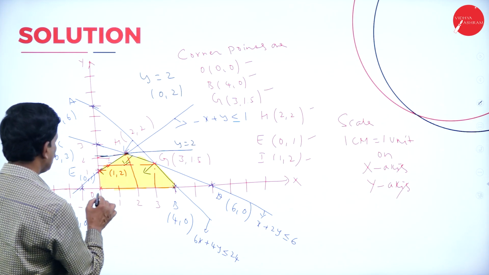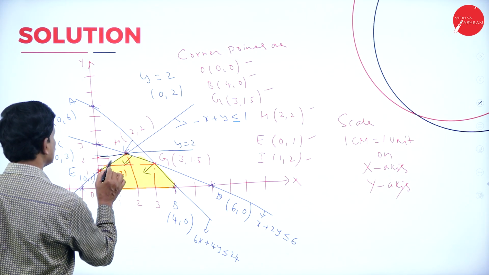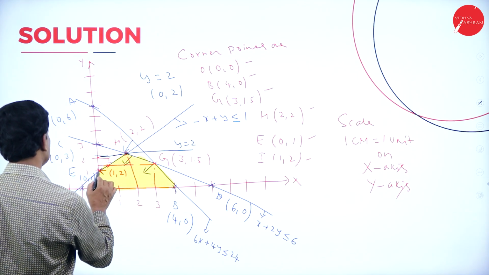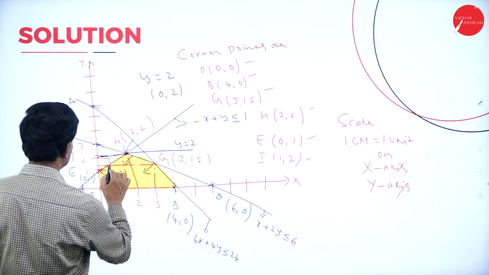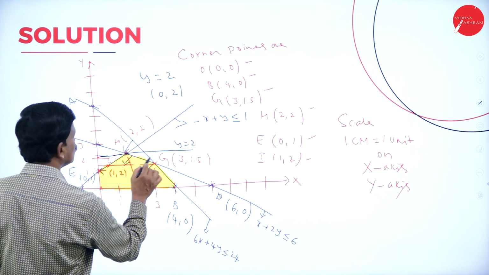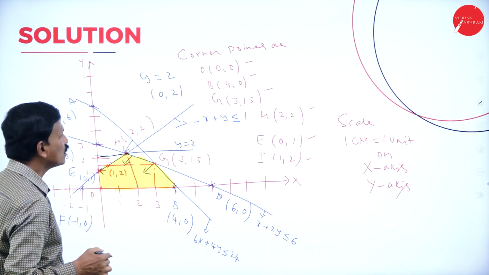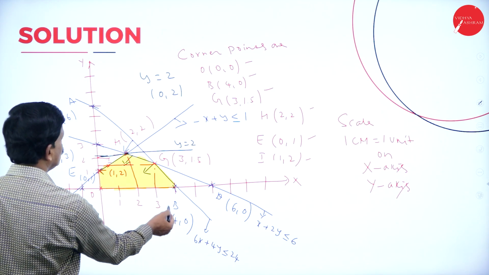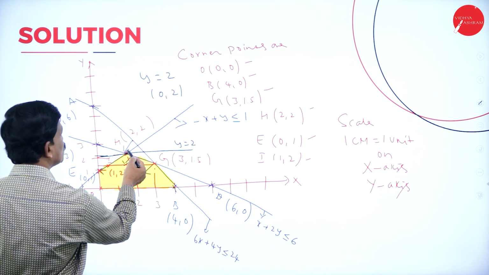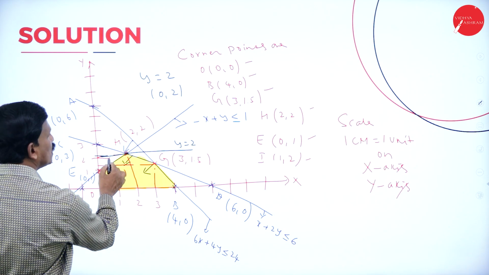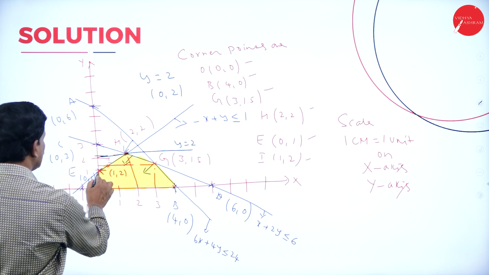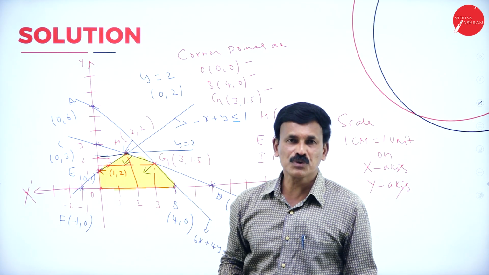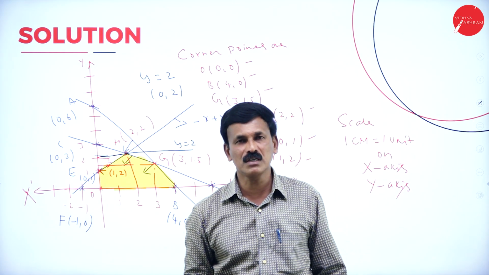The important corner points are O, E, I, H, G and B. So this is how we are going to solve a linear programming problem using the graphical method.